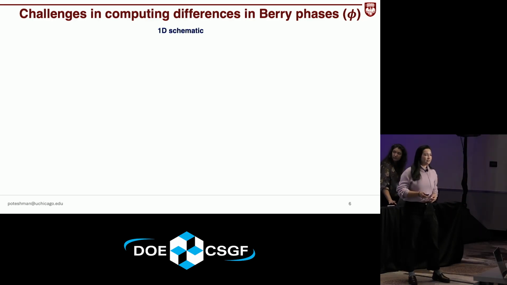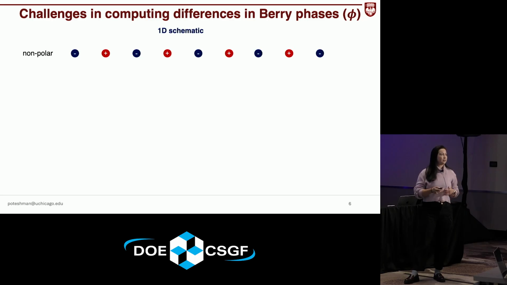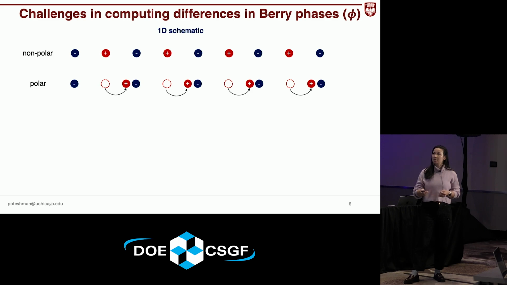To illustrate why this is challenging, I'm going to show some toy examples of 1D point charge distributions. We have this nonpolar phase where we have an even distribution of positive and negative charges. Now we can consider a polar phase where the positive charge is displaced relative to our original nonpolar phase.